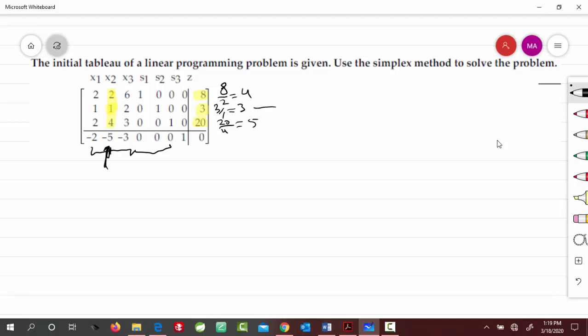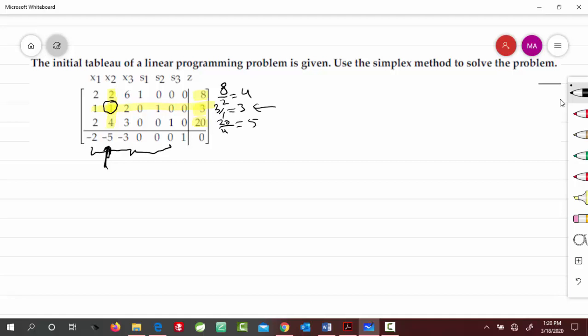You see that 3 is the smallest ratio, so our pivot is in the row with the smallest ratio, the second row. In the second row and this column, this 1 at the intersection is the pivot.